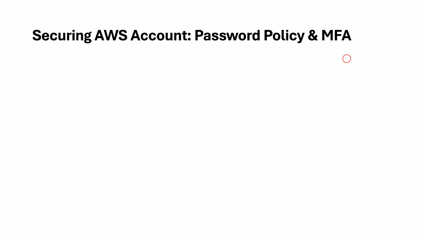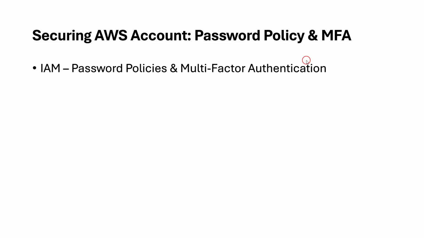So if you want to protect your AWS account, then you have to use AWS password policies and multi-factor authentication to make it more secure. These two things we are going to discuss in this session, and learning them is essential so that you will strengthen your AWS account security.